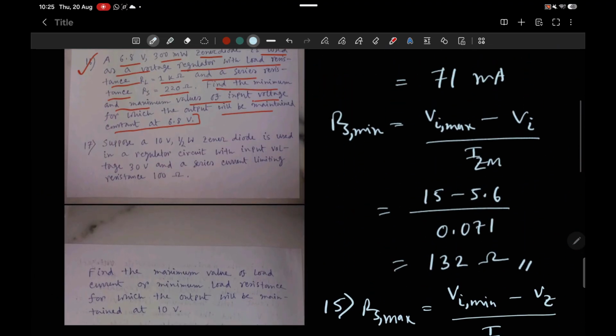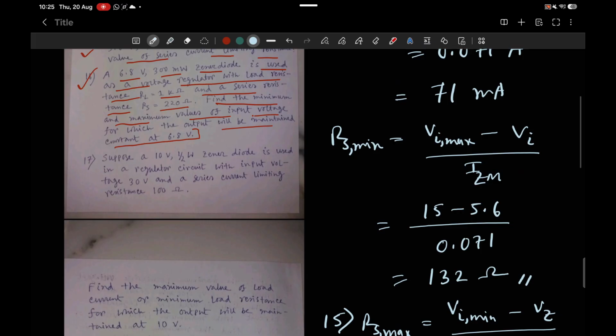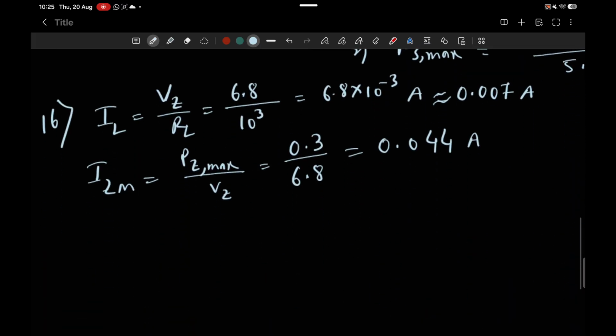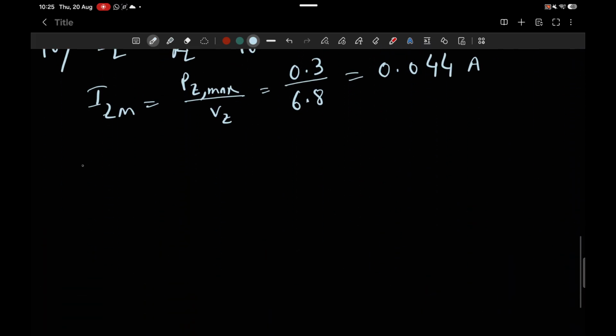Okay. Now what is the value of RS? So VI max will be IS into RS plus VZ. RS is a given value, so just make it RS plus VZ.